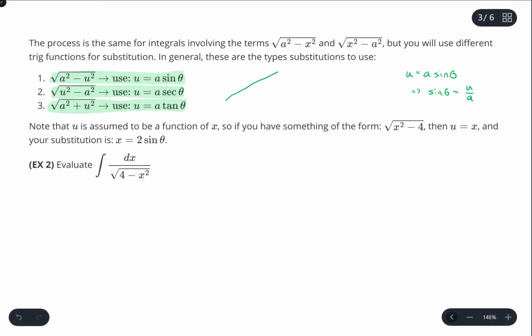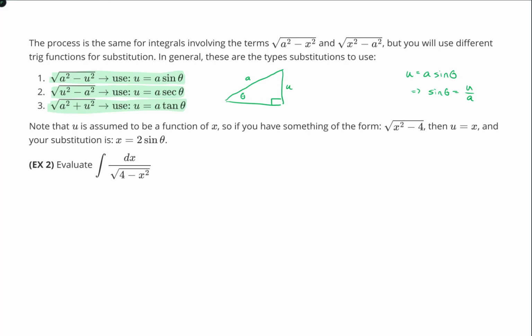Okay, then if I have a right triangle and some observed angle theta, then sine, based off of SOHCAHTOA, is the opposite side over the hypotenuse. So the opposite side is u, and the hypotenuse becomes a in that case.